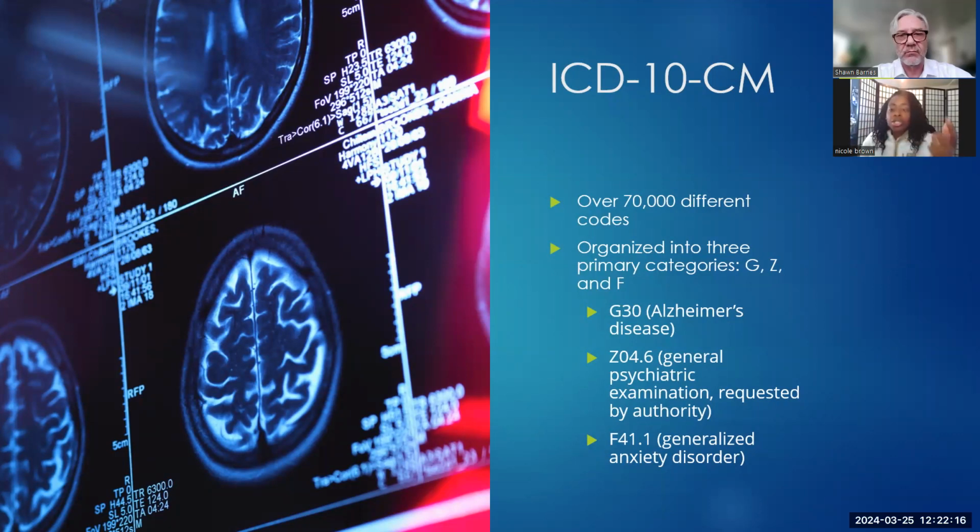The Z codes describe situations where the client doesn't have a specific disorder, but services are required anyway. Such as if a client has a personal history of psychological trauma, or an authority body has requested a general psychiatric evaluation. So that would be a Z code.